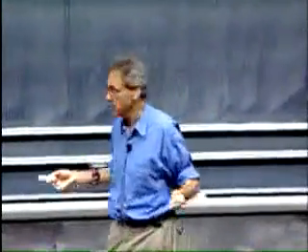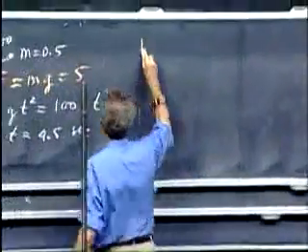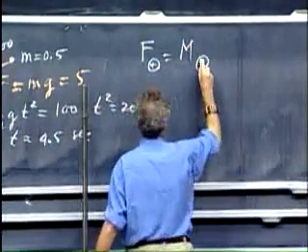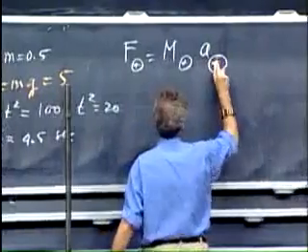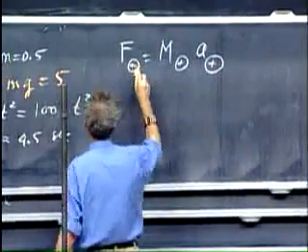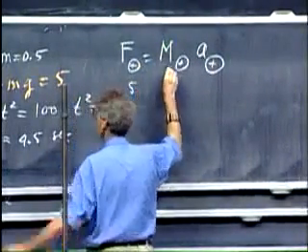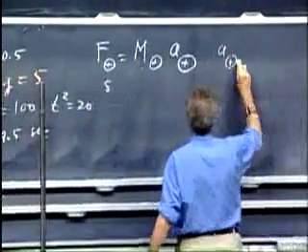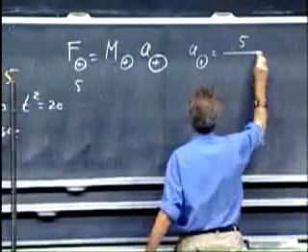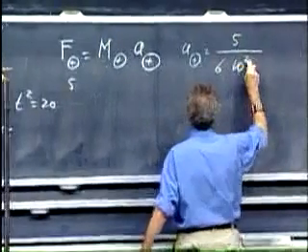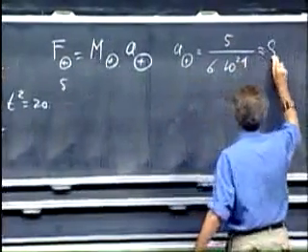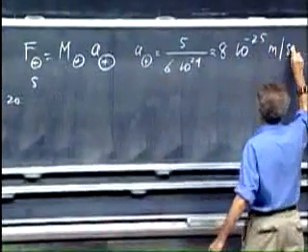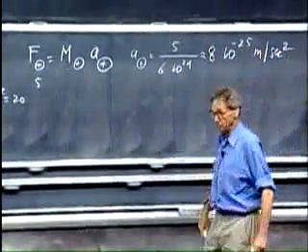F equals ma. So the force on the earth is the mass of the earth times the acceleration of the earth. The force we know is 5. We know the mass, 6 times 10 to the 24. So the acceleration will be 5 divided by 6 times 10 to the 24, which is about 8 times 10 to the minus 25 meters per second squared.